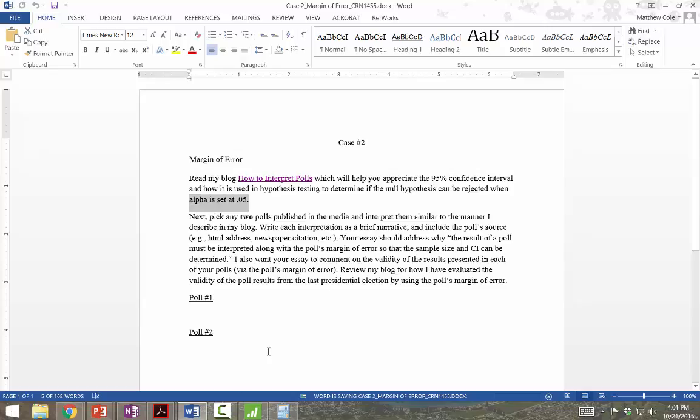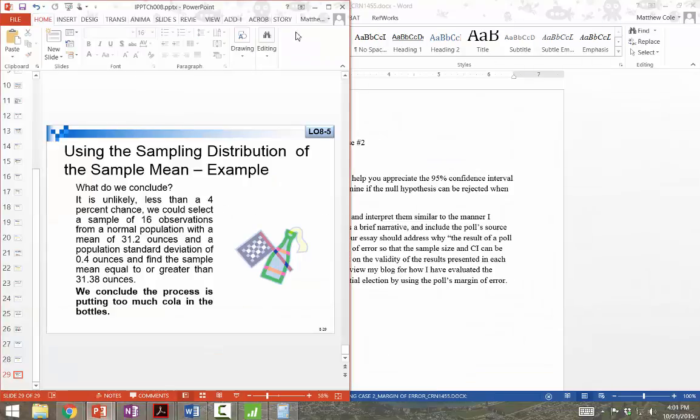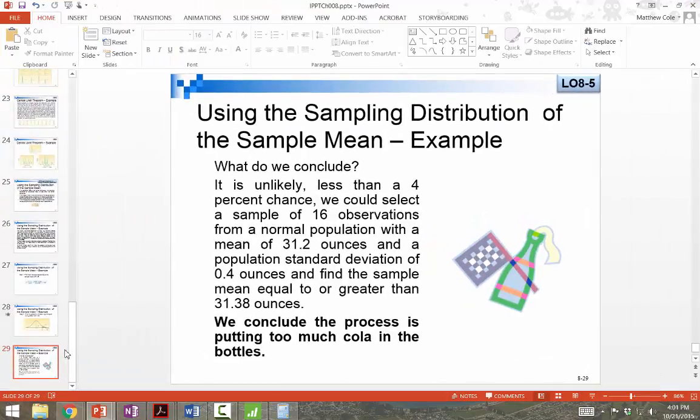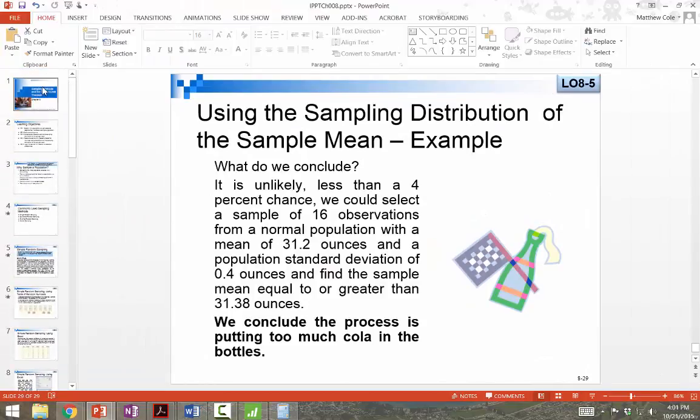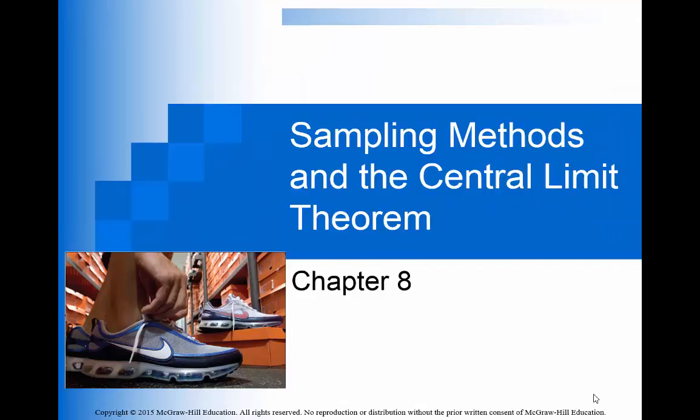To begin my lecture, I want you to take a look at the PowerPoint slides for Chapter 8 from the Lind textbook, which addresses the central limit theorem.